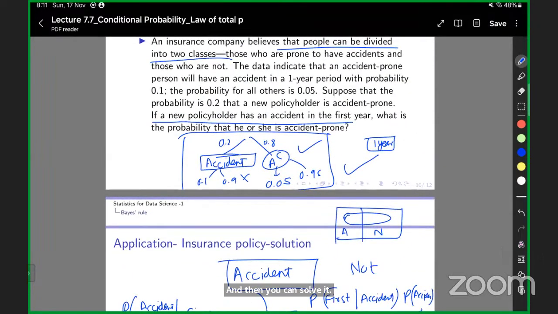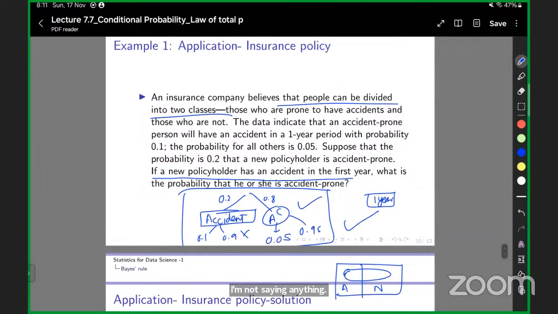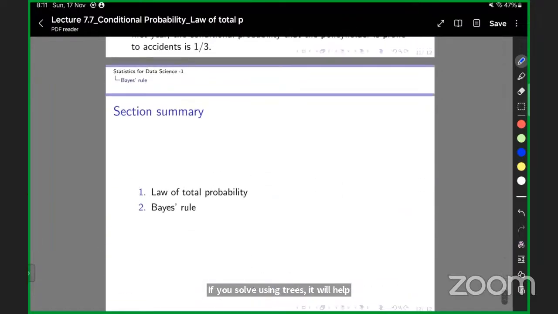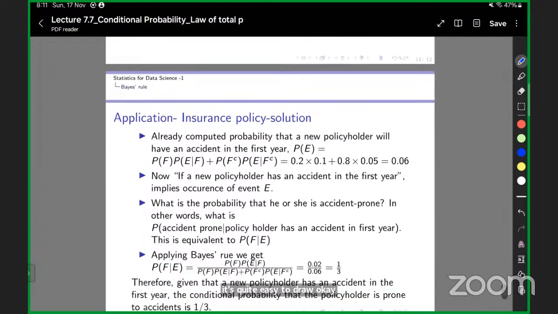I mean, if you are proficient in that, you can do that. I'm not saying anything. But in this type of question, when something is given and then something will happen, if you solve using trees, it will help. It's far easier to draw this. Okay, and that's what the Bayes rule is. You can remember it also, like this is the Bayes rule.